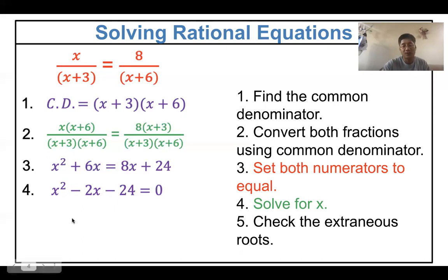So you find the two numbers that multiply to negative 24 and add to negative 2. Can you find the two numbers? Yes, negative 6 and 4. So we will have x minus 6, x plus 4 equal to 0.